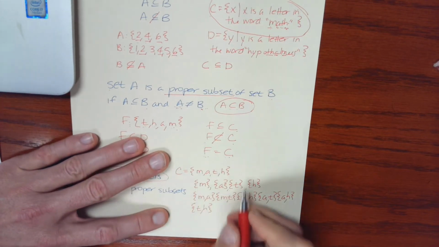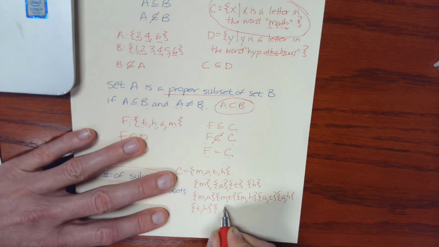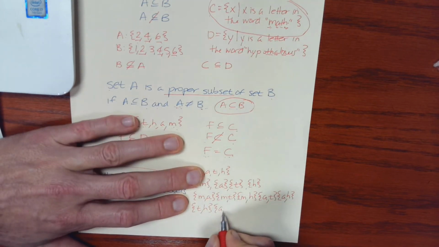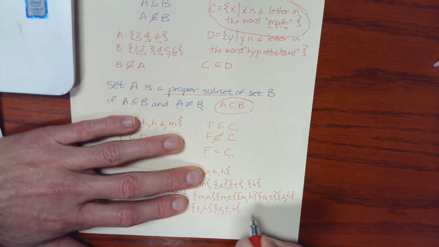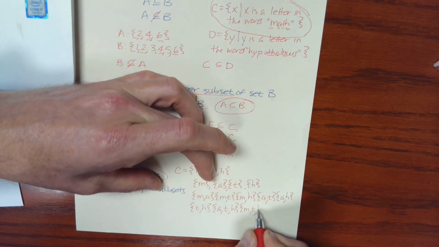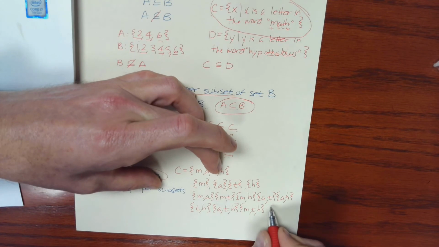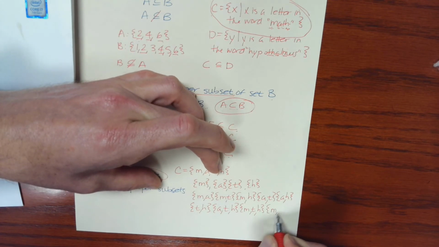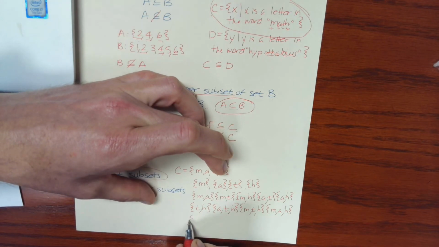So what about the three letter subsets? I could leave out the M, and I would have ATH. I could leave out the A, and I'd have MTH. And I could leave out the T, and I'd have MAH. And I could leave out the H, and I would have MAT.